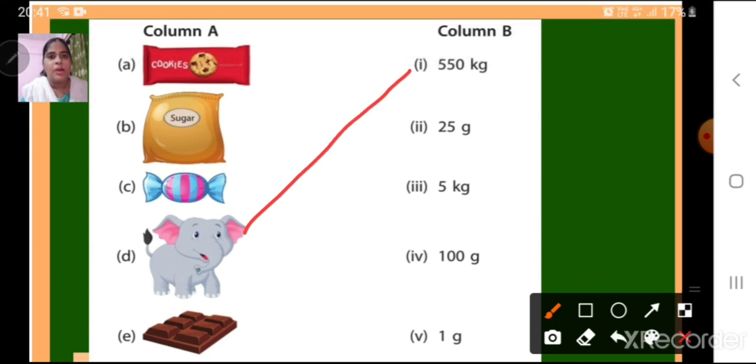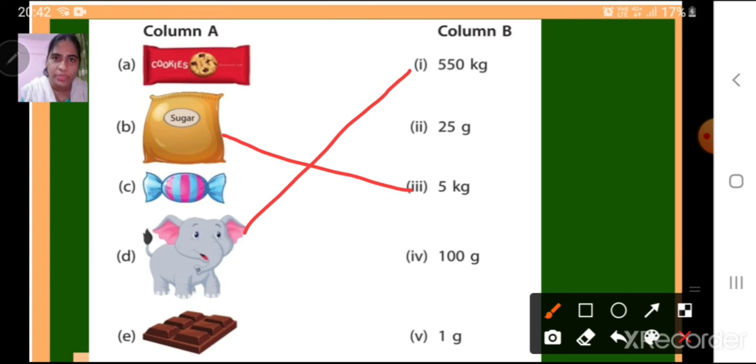Now after that the next heaviest which we can see here is sugar bag, correct? Now sugar bag we get in 1 kg, 2 kg, 3 kg, 4 kg, 5 kg, correct? So here we have 5 kg. So sugar will be 5 kg.